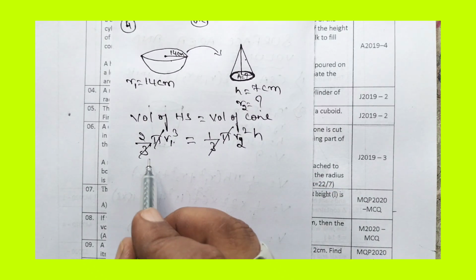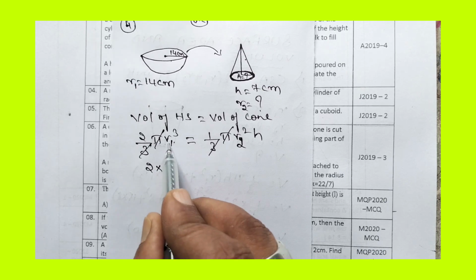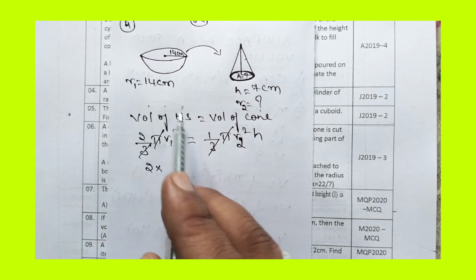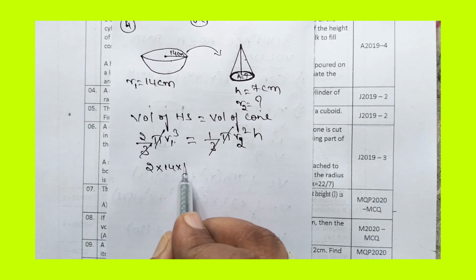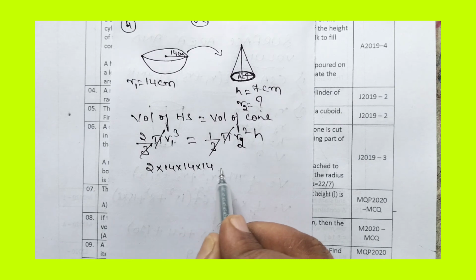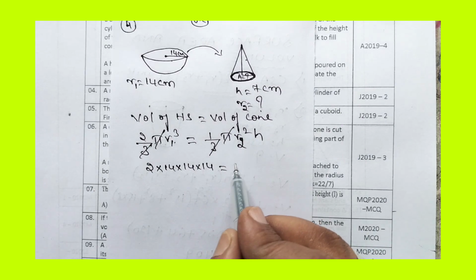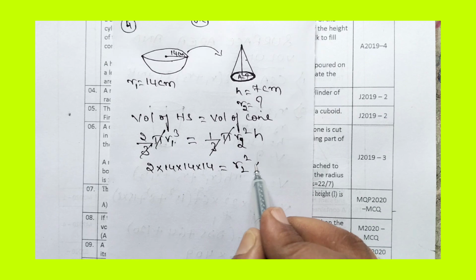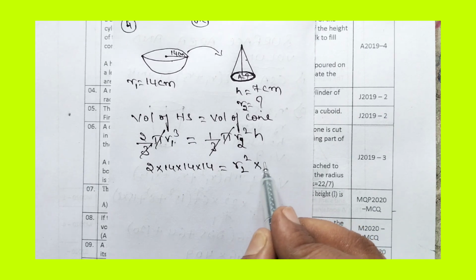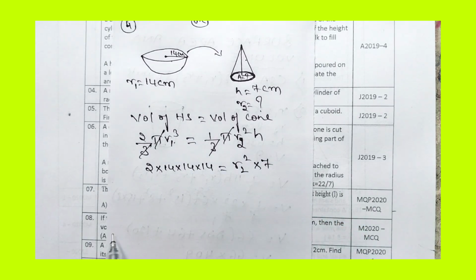So here what is the remaining? 2 into r1 cube. R1 is how much? 14. 14 into 14 is equal to, remaining is r2 square, we don't know, into h. Height of the cone is given as 7.